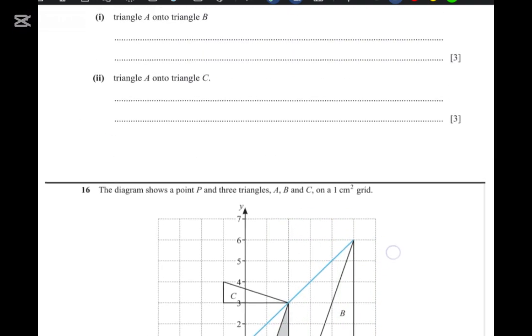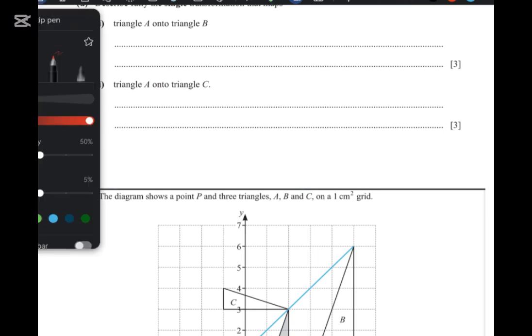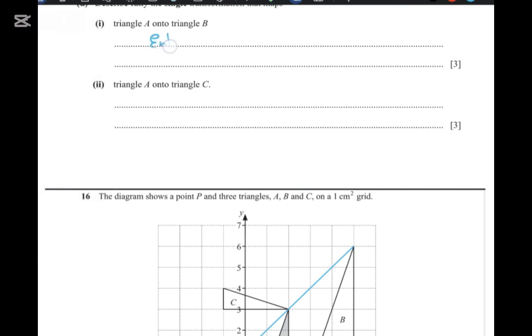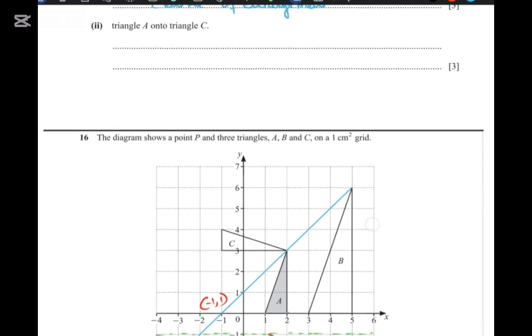So write down enlargement, scale factor 2, and center of enlargement is minus 1, 0. It was a mistake, it is minus 1 and 0 because it's here, minus 1, 0.